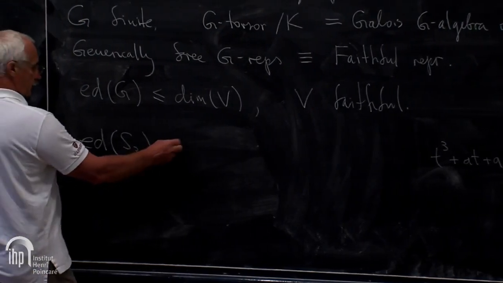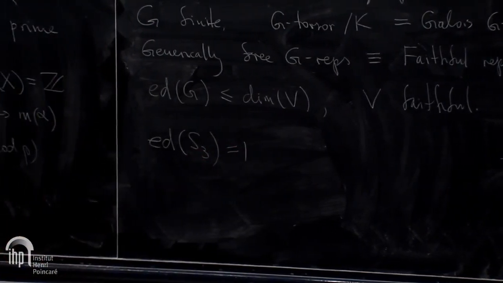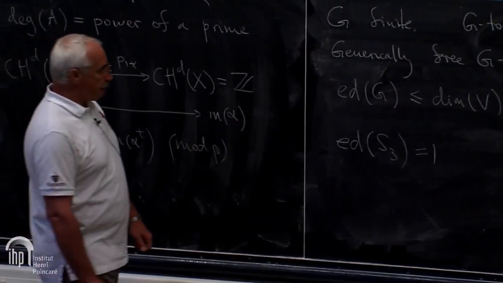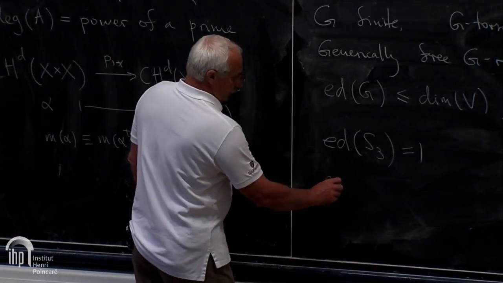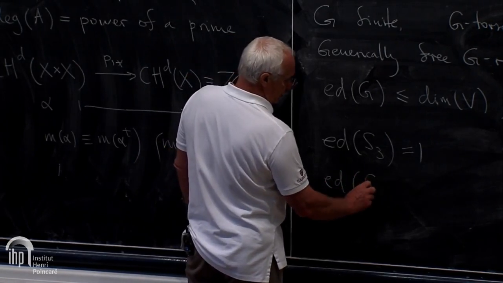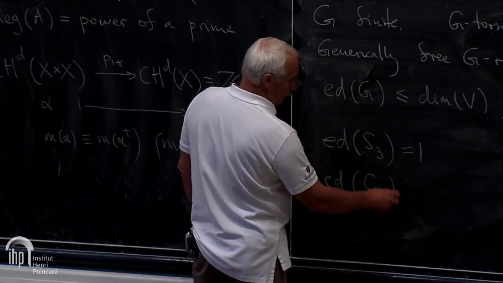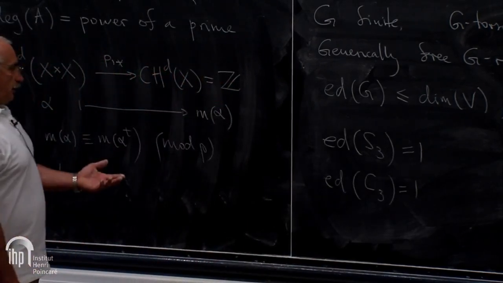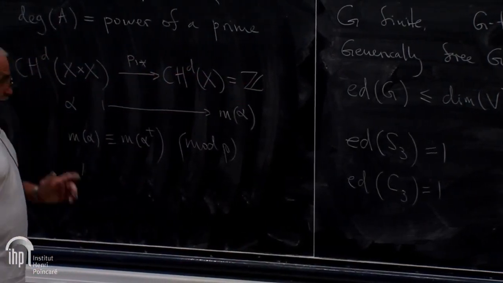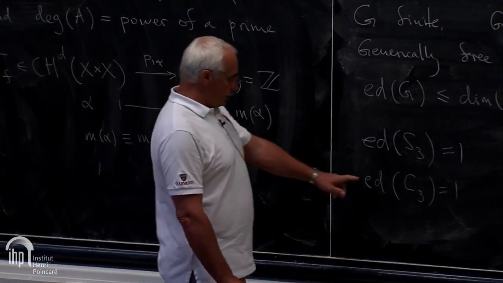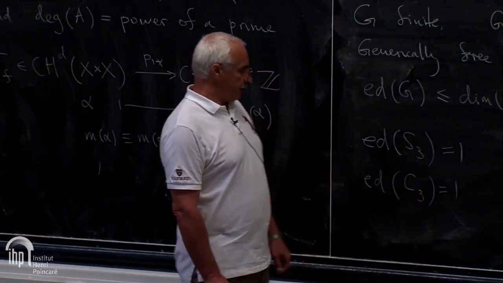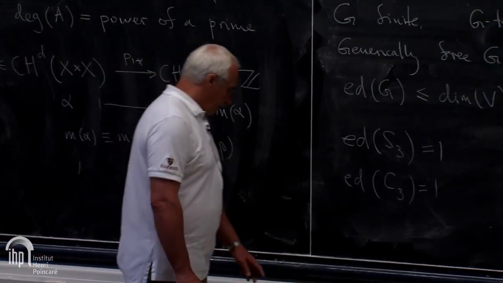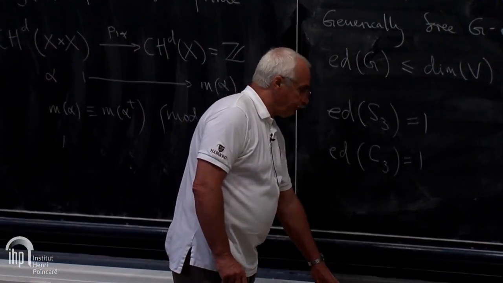So the essential dimension of S3 is 1. But there is no one-dimensional faithful representation for S3. And the other example just takes the cyclic group of order 3. It's also 1. And if there are no roots of unity in the field, there is no one-dimensional faithful representation of C3. But in general, we have the following theorem.